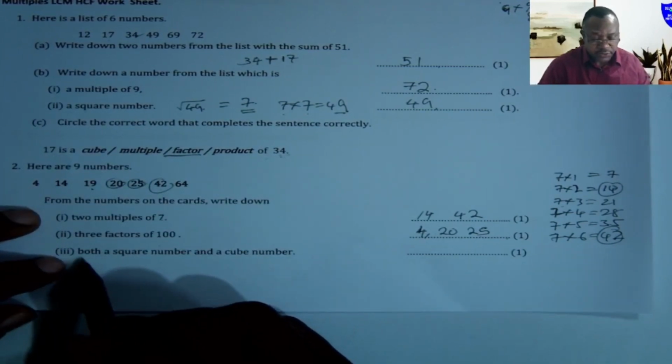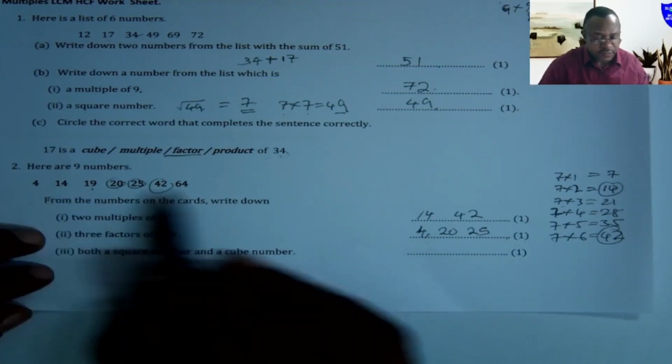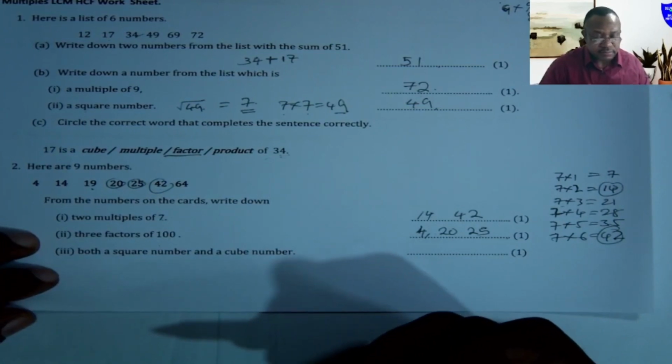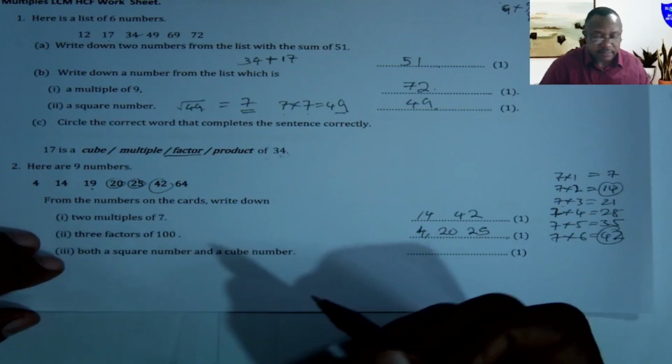Now 3 numbers from that card that are both a square number and a cube number. Square number and a cube number.